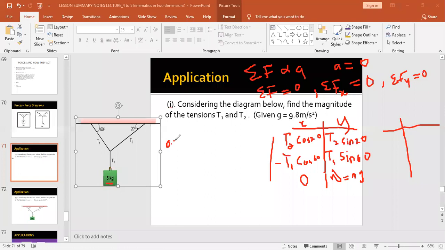Okay, so 0.94 T2, minus cos 60. Cos 60 is 0.5. So 0.5 T1. These are the two forces there, and they should be equal to 0 per Newton's second law of motion.